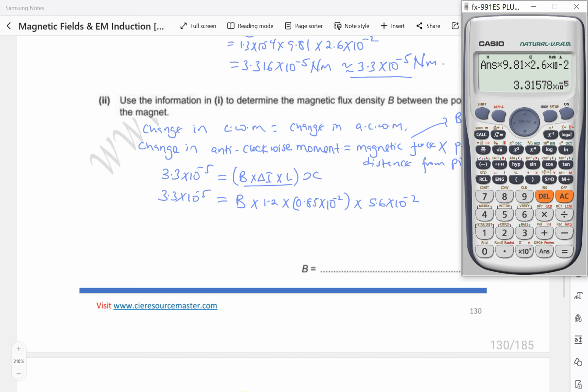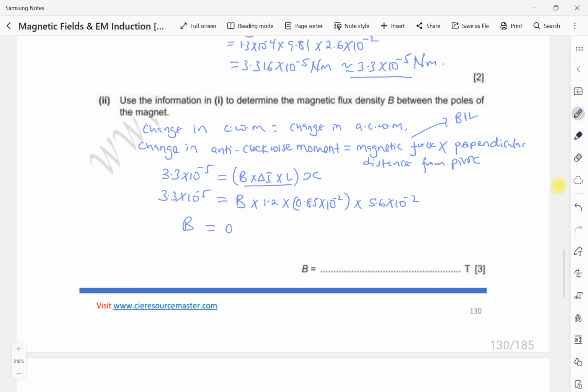I will just simplify the right hand side first. 1.2 times 0.85 exponent minus 2, then times 5.6 exponent minus 2. Then on the left hand side I have 3.3 exponent minus 5 divided by the answer. So that is giving us 0.058. So B is 0.058 Teslas.